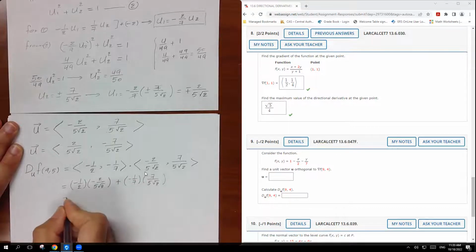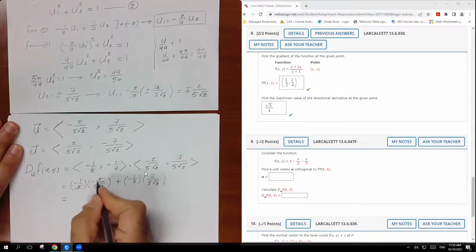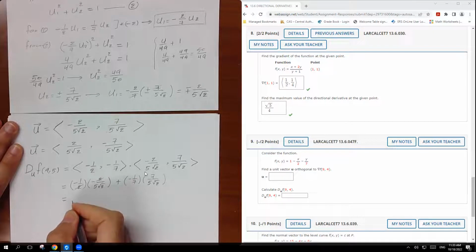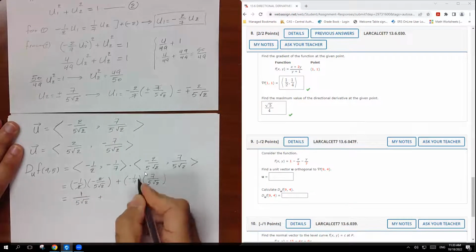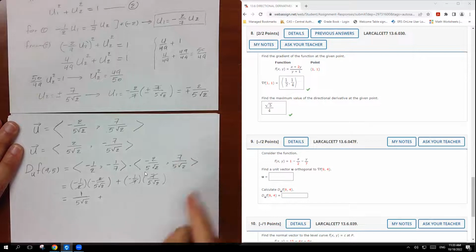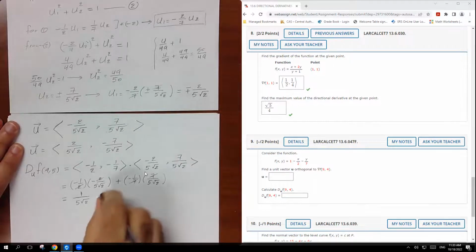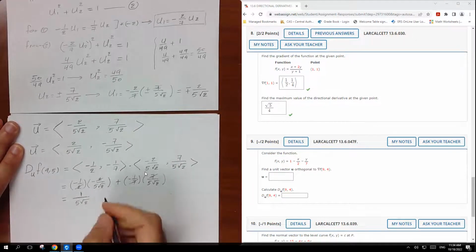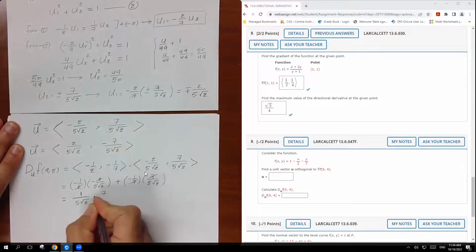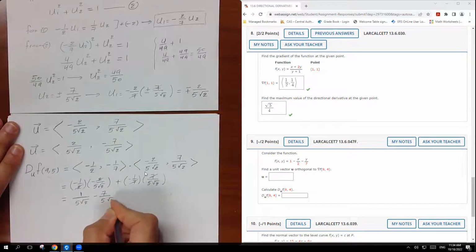Simplify this one. This is canceled with this one. Negative times negative is going to be positive. So it's going to be 1 over 5 square root of 2 plus, cancel 7 with the 7. It's a positive, so it's going to be minus 1 over 5 square root of 2.